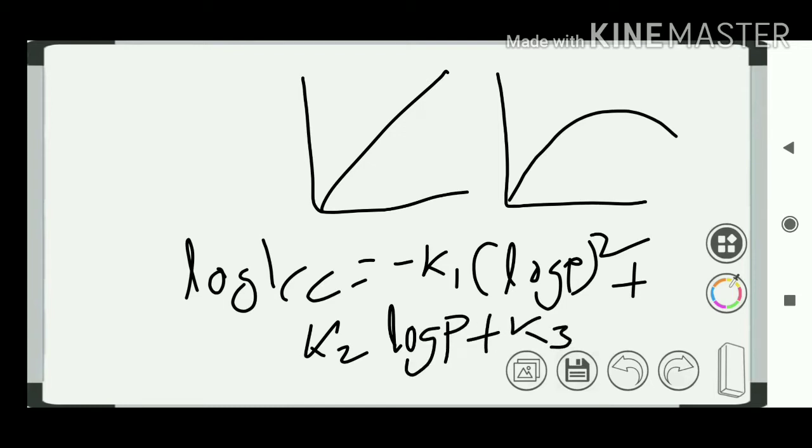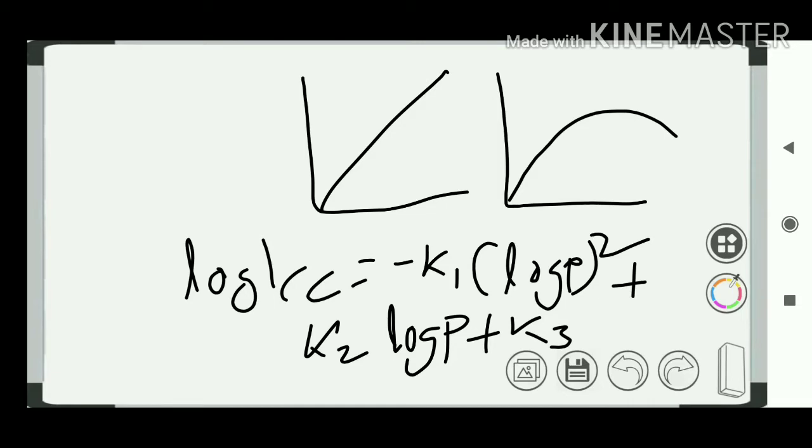So when the partition P value is small, it is dominated by the log P term. When P is large, the log P squared term dominates, and so activity is going to decrease.